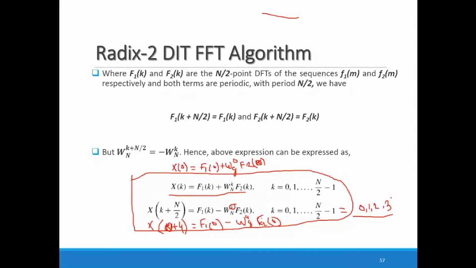And as this sequence has 4 points, 0, 1, 2, 3, this is the omega 8 raised to 4. As per the periodicity property, omega 8 raised to 4 is nothing but equal to omega 8 raised to 0. So I can write this equation by replacing omega 8 raised to 4 with omega 8 raised to 0. So the term I am getting is f1 of 0 minus omega 8 raised to 0.